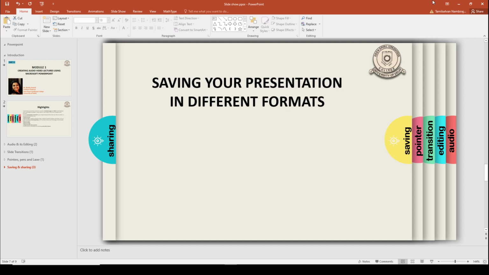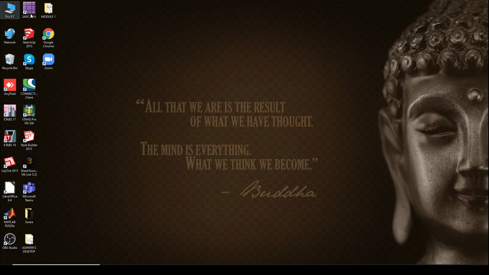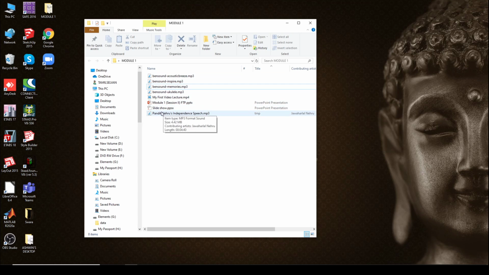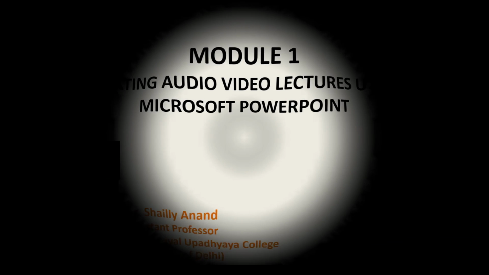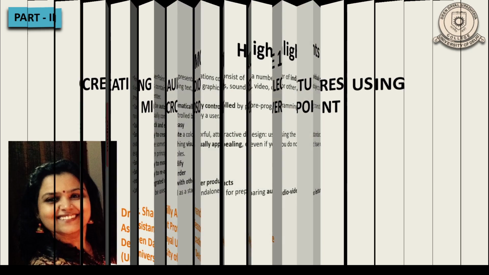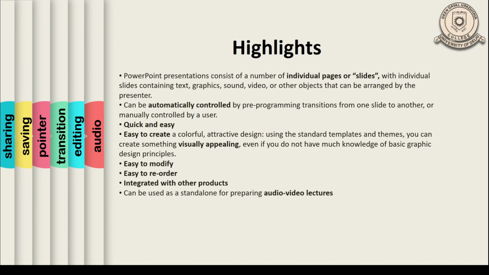So let me show you how it opens up. We'll go to the module. We had saved it by the name slideshow. When you click on this, you just see how it opens up. So this is how it opens up. Did you notice something? It has directly started with the slideshow. It doesn't give you the option of editing the content, right?